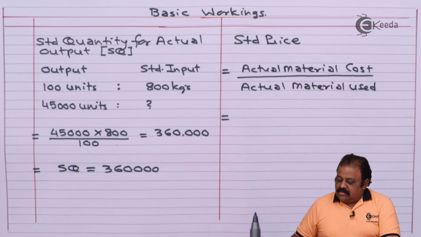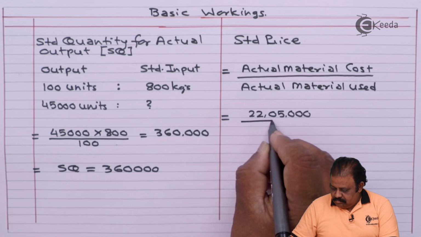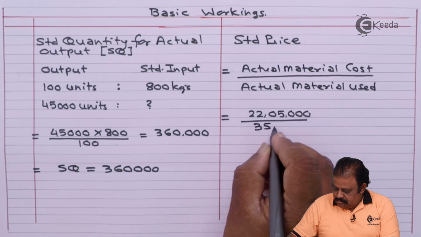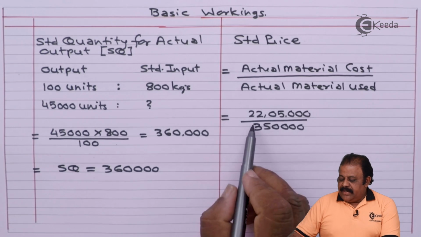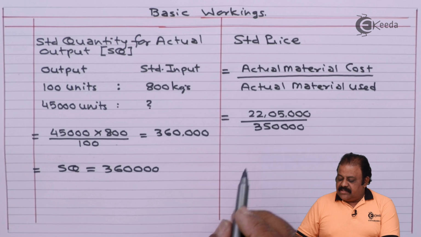Actual material cost divided by actual material used: 22,05,000 divided by 3,50,000 kgs.